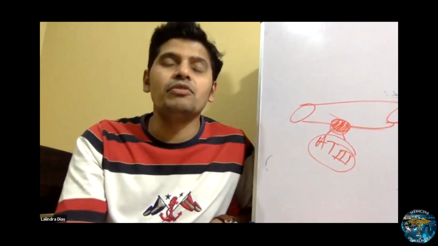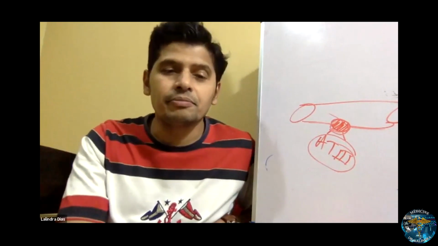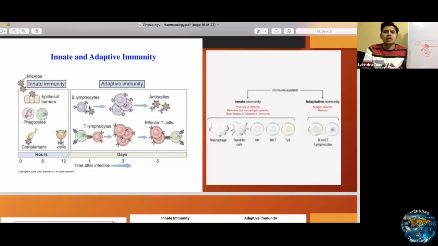Then on the other side you have adaptive immunity, which is mainly the activation of T and B lymphocytes. You can see here the innate immunity, with the epithelial barrier and phagocytosis, and adaptive immunity with only two cell types: B lymphocytes and T lymphocytes. B lymphocytes produce antibodies, and the cytotoxic T lymphocytes will destroy the organism.